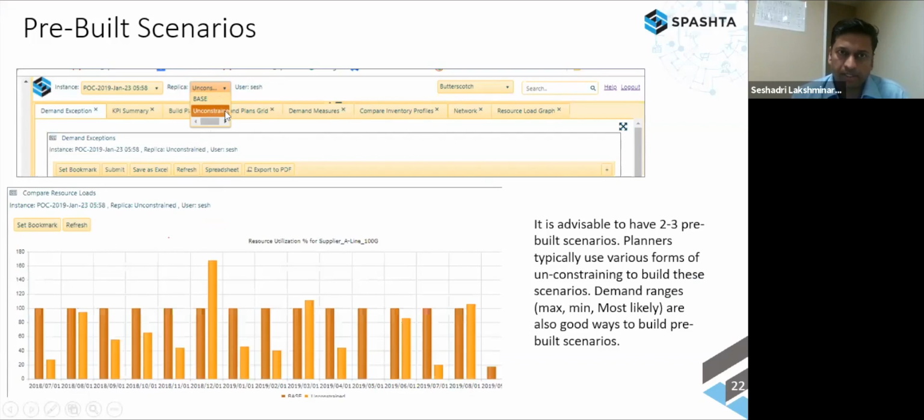There could be any number of them. And these days, tools do come with the capability to have any number of scenarios the planners want, and they can delete them afterwards. And that capability is very, very important. So I'm putting asterisks on certain capabilities that I believe planners would absolutely need from a planning point of view in an interactive sense. This is one of them.